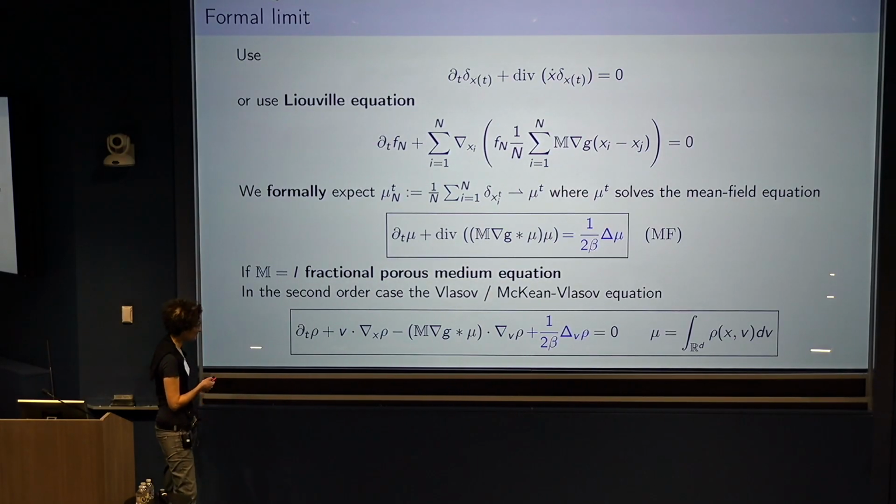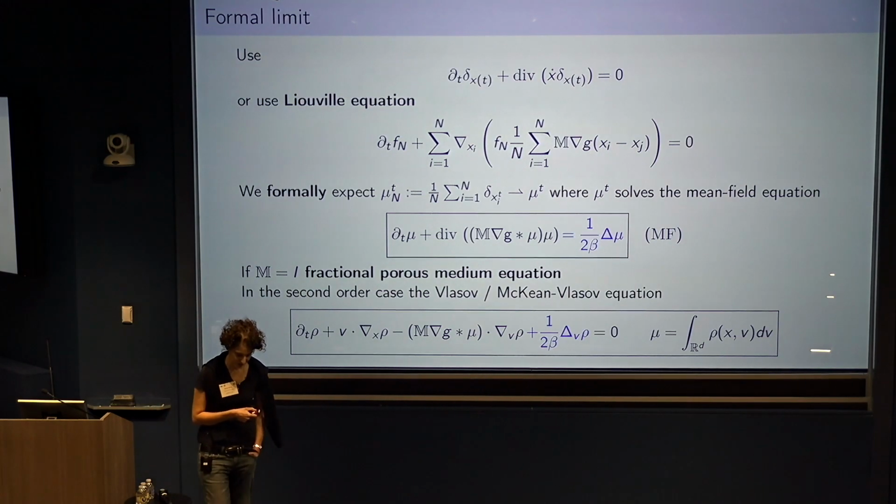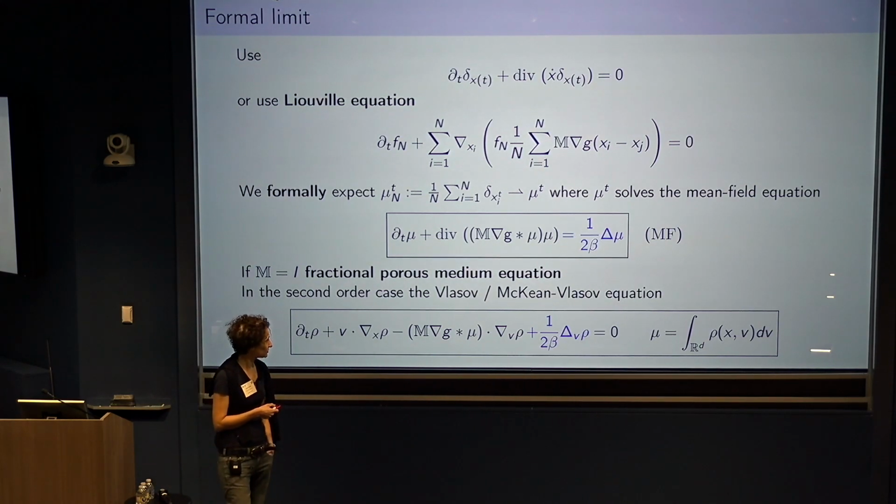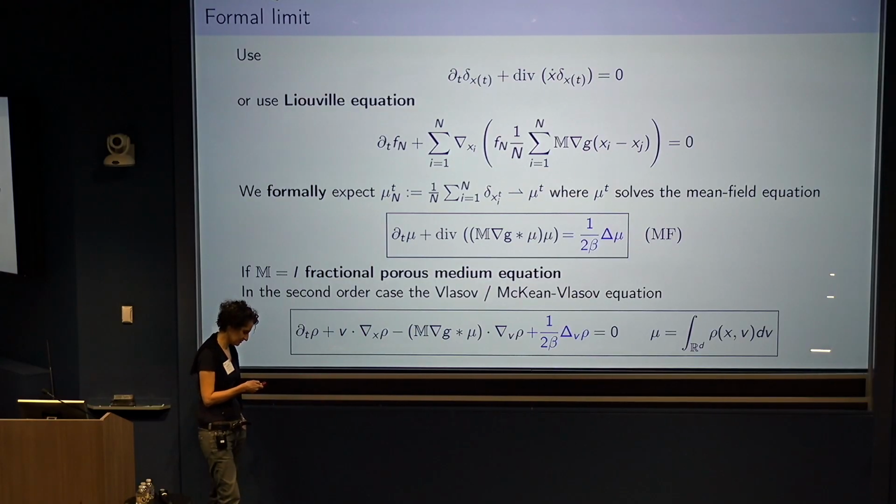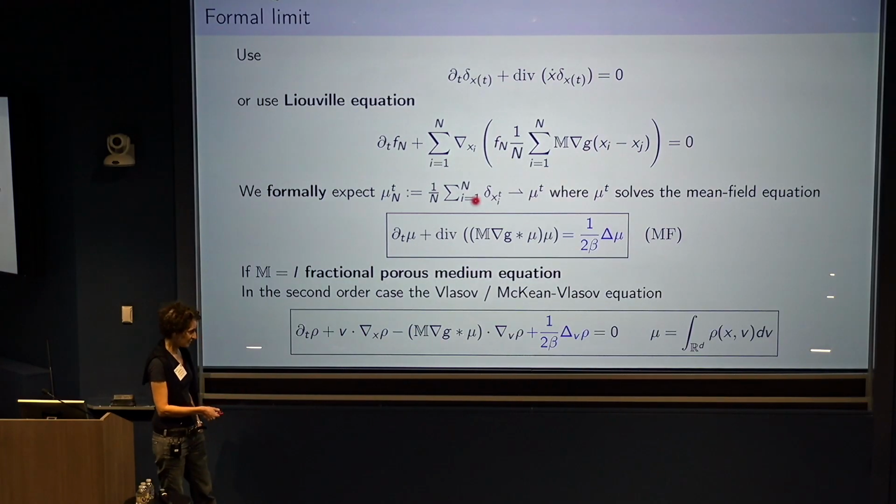In the second order case, instead of describing things with the density of particles, you have to go to a kinetic formulation, and then you describe through the density at position x, velocity v. So this is the density of particles, called rho, and the empirical density mu is the first marginal.